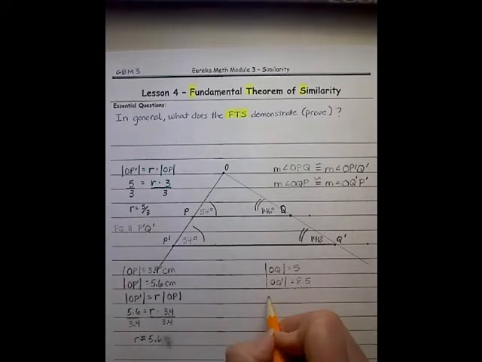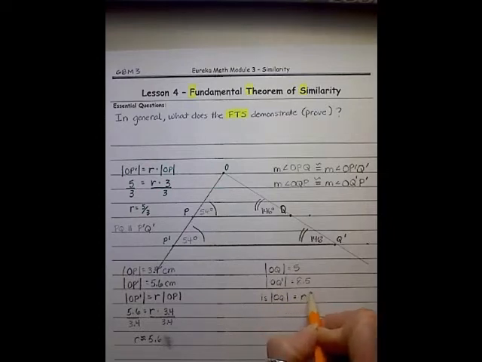And I want to know, is OQ prime equal to the scale factor times the original segment length?